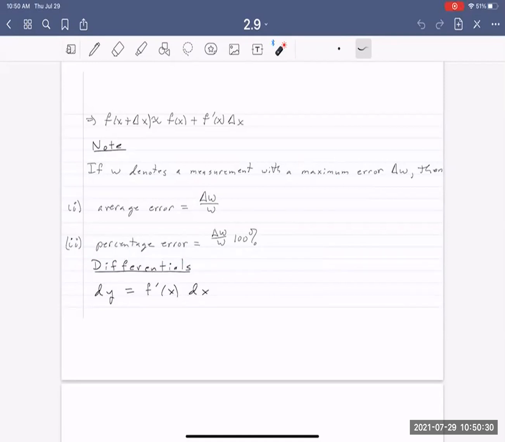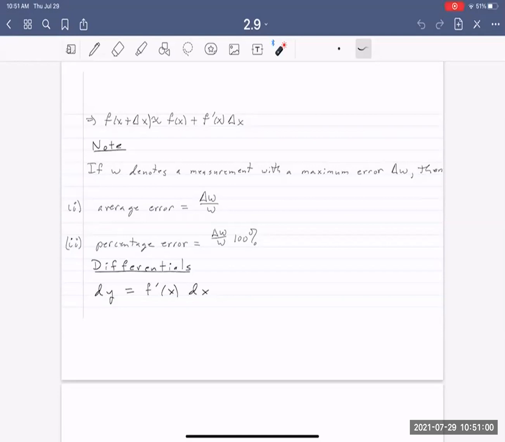So let me give you some terminology, the differential terminology, and some formulas involving differentials. So dy equals f prime of x dx. Really just think of this as being our definition of the derivative.